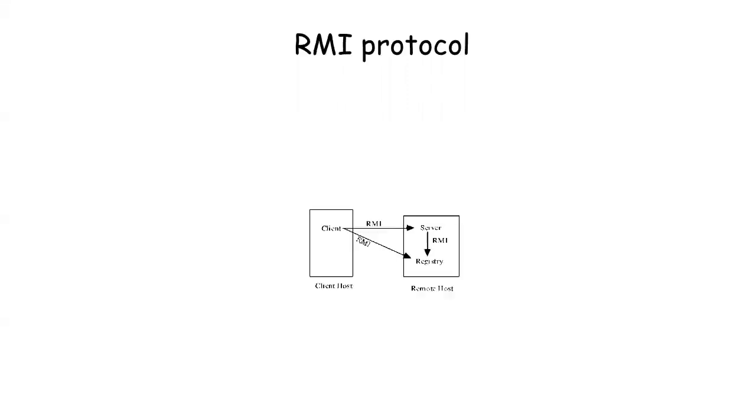And so what we see in RMI protocol is we have a client and we use an RMI server, which goes to a registry on some remote host and tells us about where other services may be available. That is to say, the RMI registry is a service which tells us about other RMI servers.